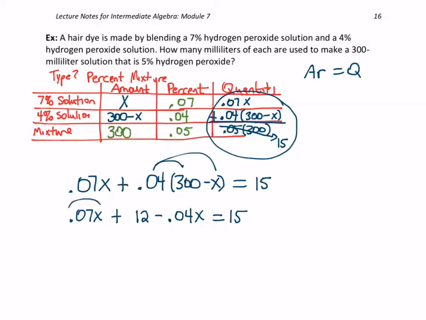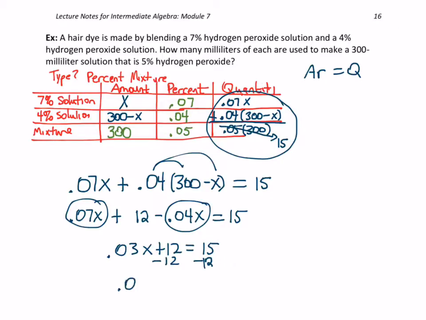So combine this and this, and I get 0.03x plus 12 equals 15. So subtract 12 from both sides. We have 0.03x equals 3. If I divide both sides by 0.03, I end up with x is 100.